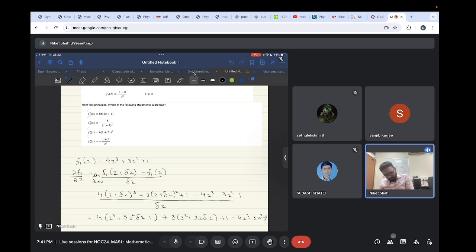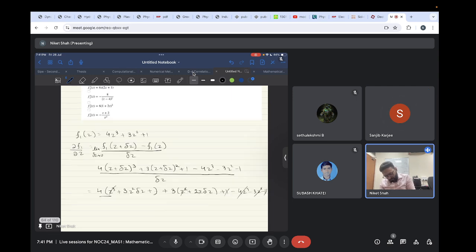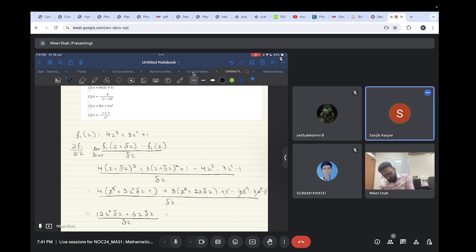So 3z square cancels out from here. 4z cube cancels out from here. What I end up getting, okay, there is a delta z also in the denominator, delta z. So what I end up getting is 12z square delta z plus 6z delta z divided by delta z. So this comes out to be 12z square plus 6z.